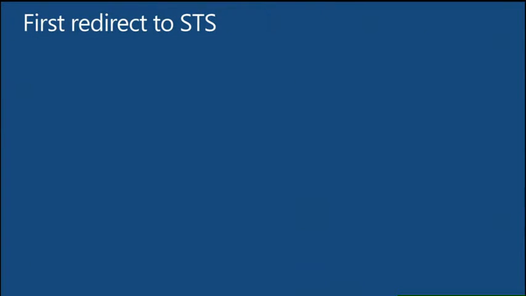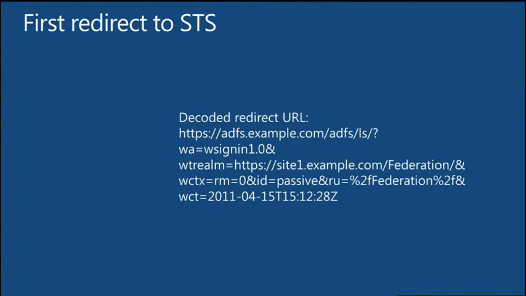All right? So one thing I want to show you before we start digging in and using Fiddler is that first redirect, because the first redirect actually tells you an awful lot. This is the first redirect from the application server. So it looks like that. I've actually decoded it. And what you've got is this guy up here, HTTPS, ADFS, that is your federation endpoint on your security token service.